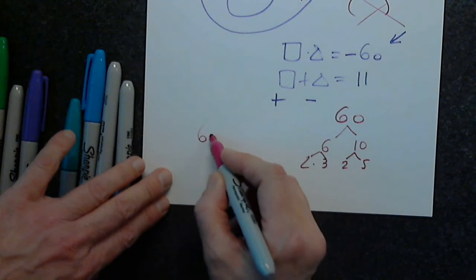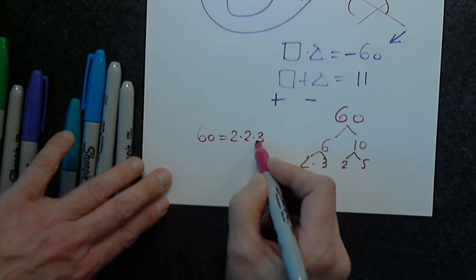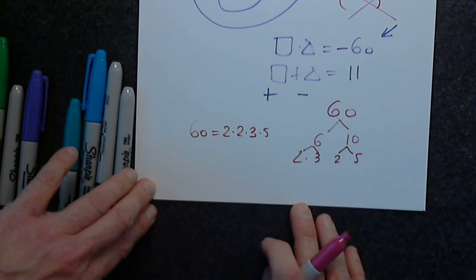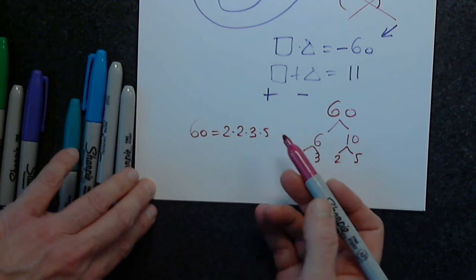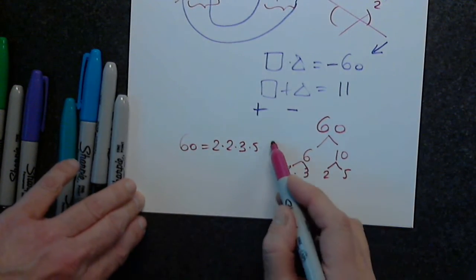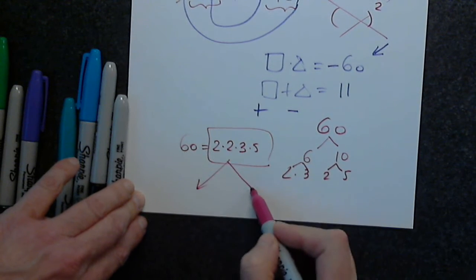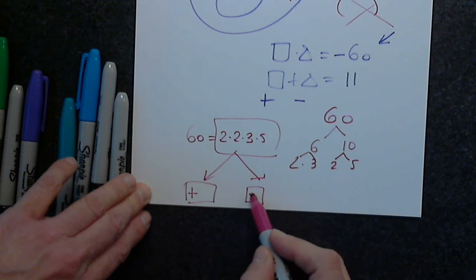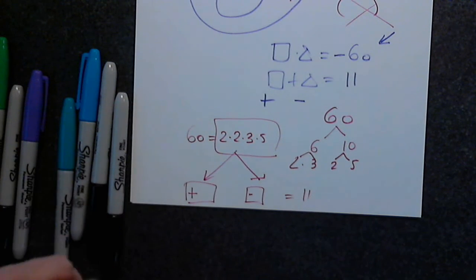So 60 is 2, 2, 3, 5. You can say, wait a minute, this is not an elegant way of writing it. I agree. I should have written 2 squared times 3 times 5, but that's not my point here. My point is, can I use all these factors and come up with two numbers? One a positive number, and the other a negative number whose sum is 11?